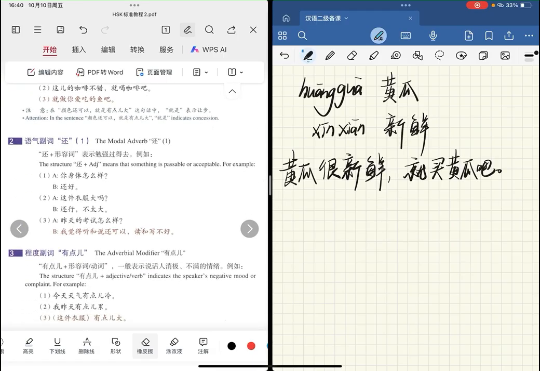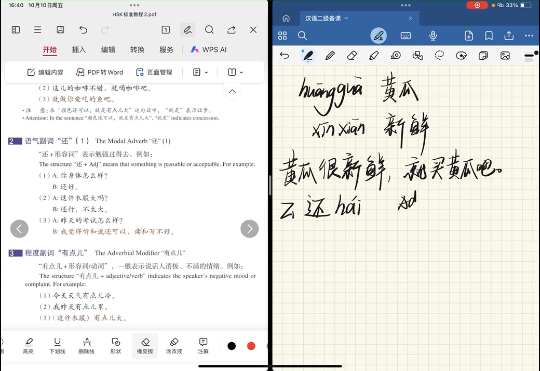Okay, the next one is a modal adverb 还. As an adverb, we put it before an adjective or a verb. So the basic structure is 还 plus adjective.